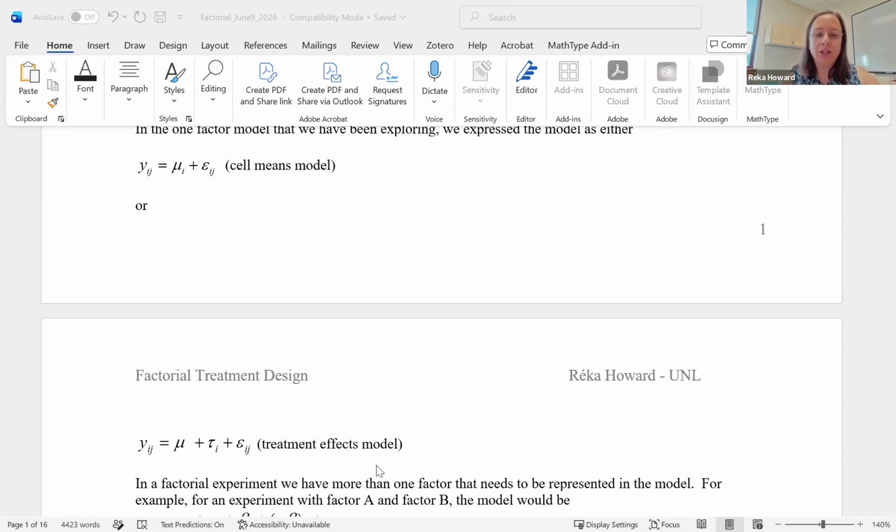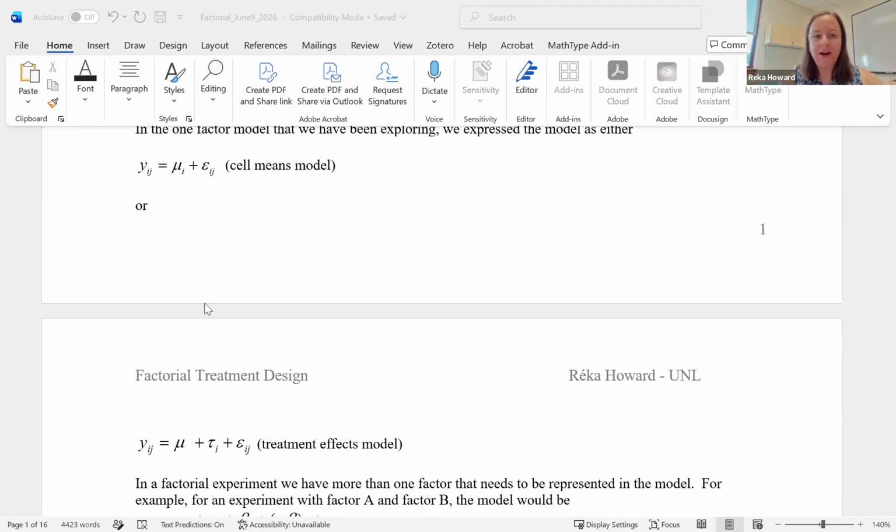So this is called the treatment effects model. And somebody had a comment, and I was very happy to hear that, when we talked about the residual, and it had a different formulation because it had a mu i. So instead of mu plus tau i, it just lumped together the mu and the tau i together.